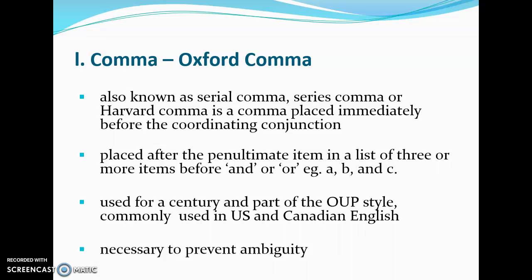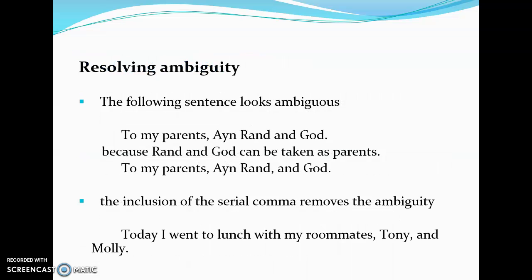Example: A, B, and C. Used for more than a century and part of the Oxford University Press style, it is commonly used in US and Canadian English. It is especially necessary to prevent ambiguity.